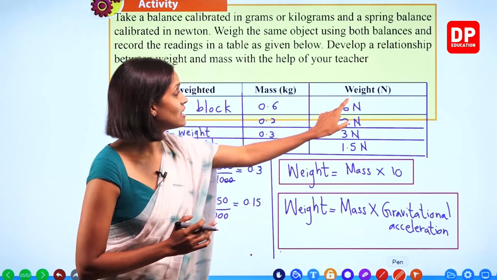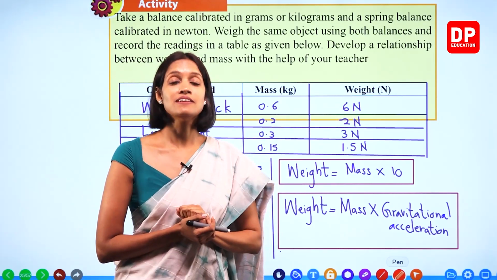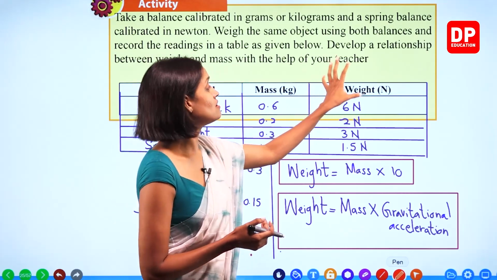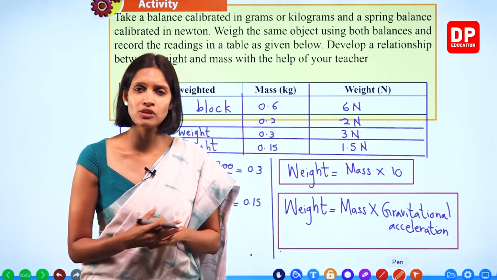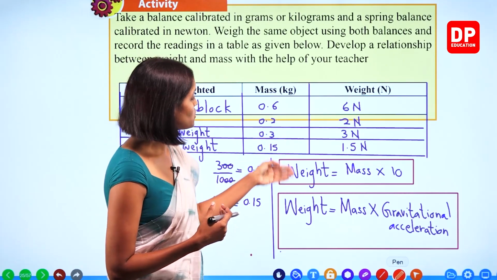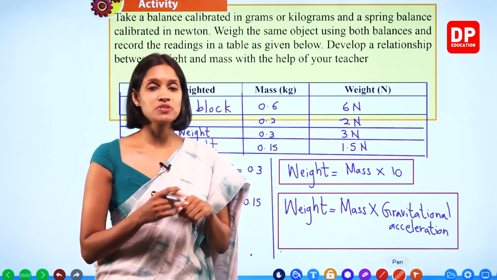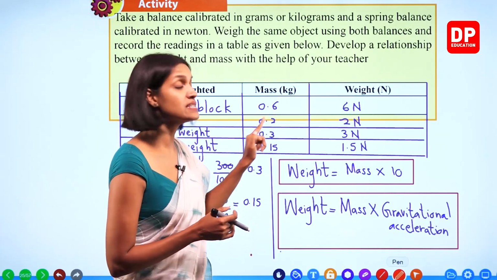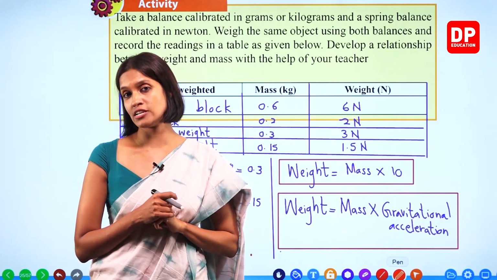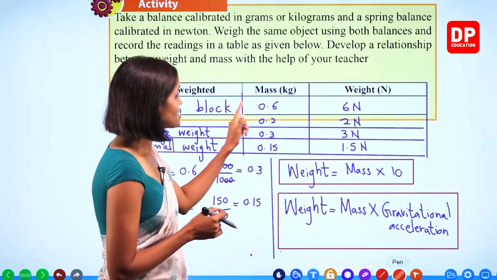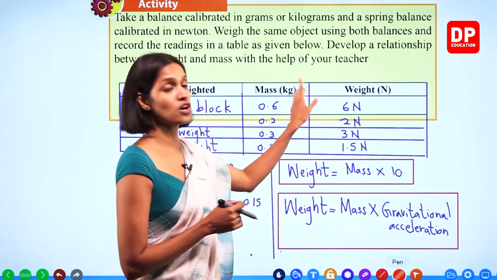Weight is given in newtons. Right? Weight is measured in newtons. Just in our day-to-day lives, we use this weight in the normal way, like in kilograms, grams. But remember, in science, this is different, children. Right? Mass is not weight, weight is not mass.